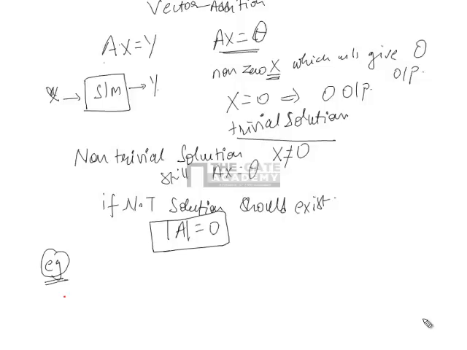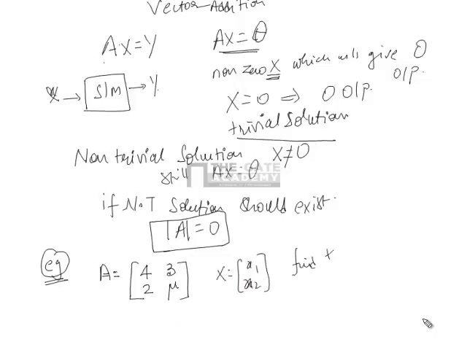Okay. So let us say the system A is given by 4, 3, 2, mu. X is equal to x1, x2.